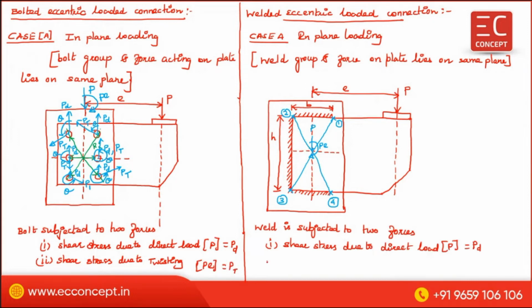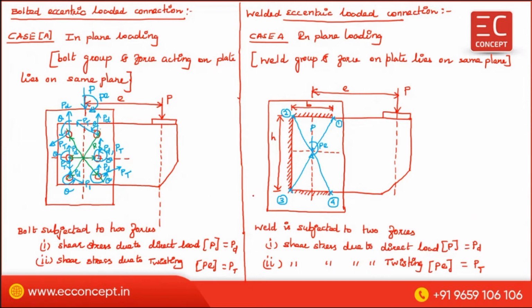The second one is shear stress due to twisting, that is P into E, which is equal to PT. These are the important points. Now we are going to write in a similar manner here also.